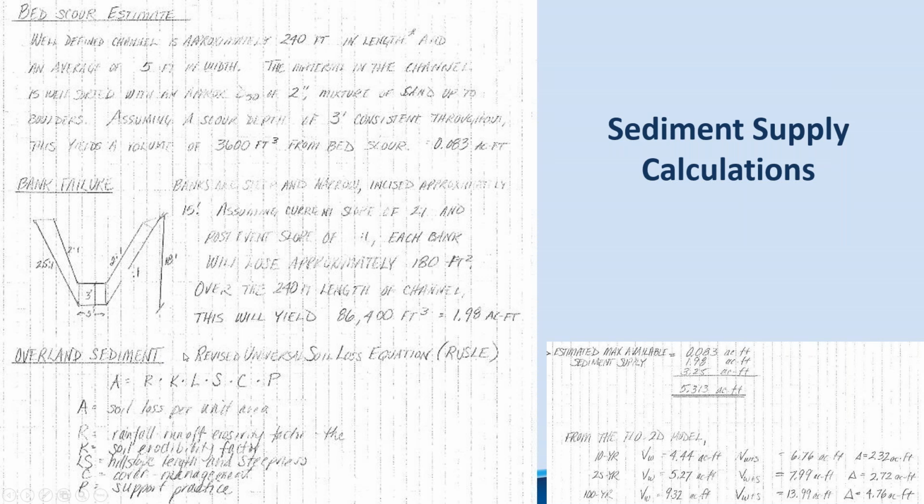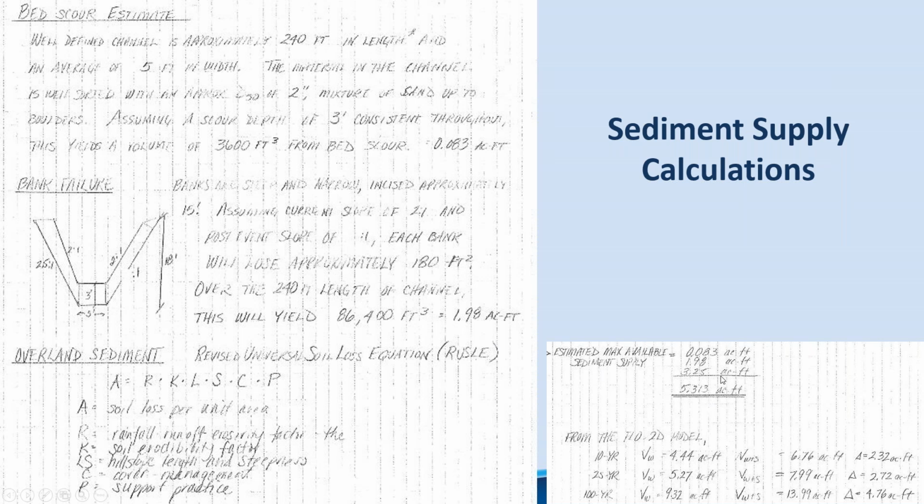And then the overland sediment yield was computed for the upper watershed using RUSLE, which is the revised universal soil loss equation. And in this case, the estimated RUSLE, I think, is about 325. So it actually exceeds the bed scour in this case.